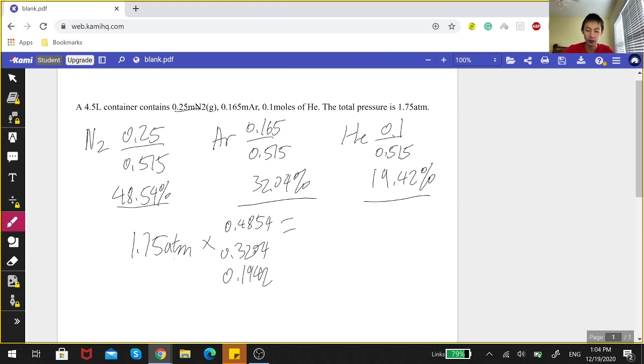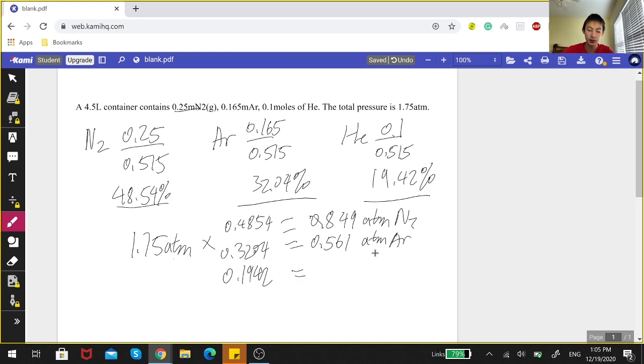1.75 times 0.4854 equals 0.849 atmospheres of N2. The second one is 1.75 times 0.3204, which gives 0.561 atmospheres of Ar.